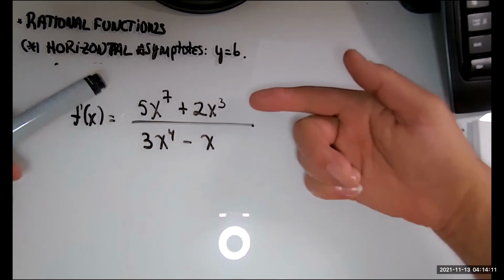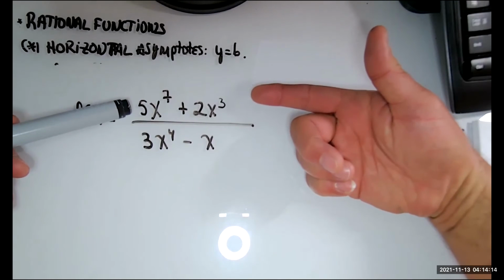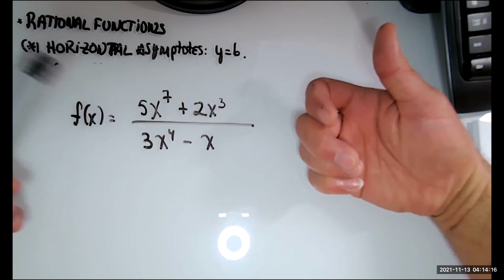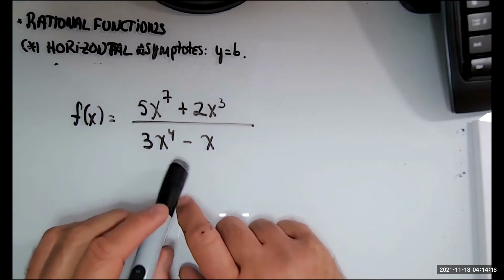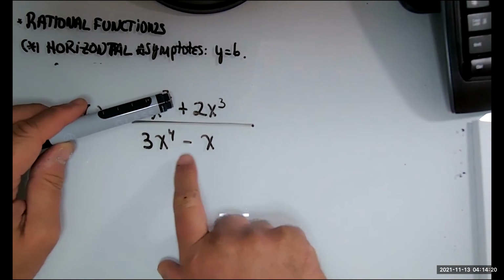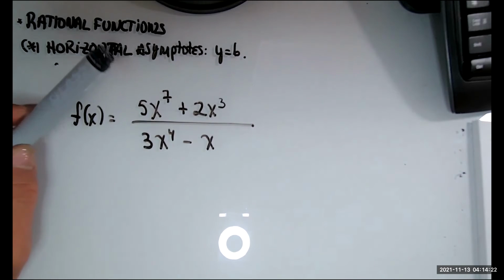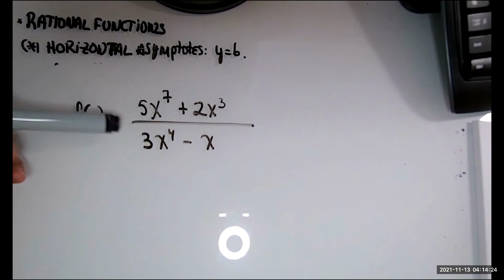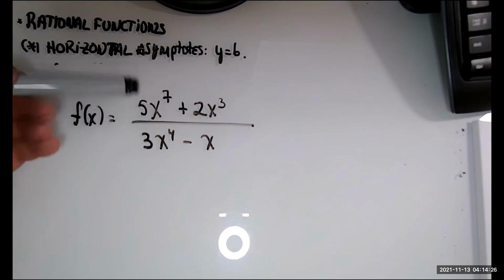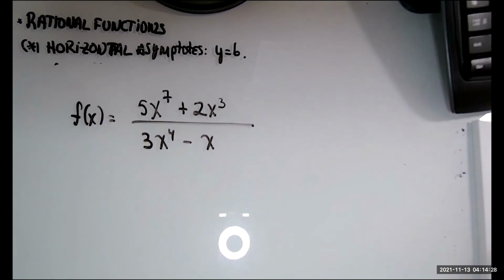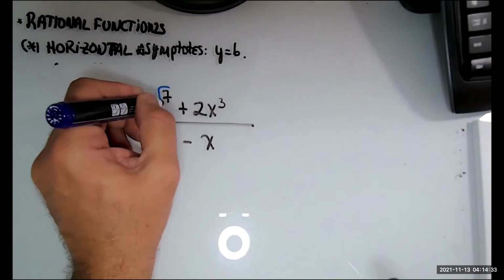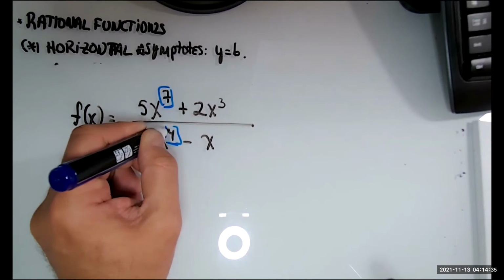Of course, the numerator is a polynomial, degree 7, lead coefficient 5. The denominator is a polynomial, degree 4, lead coefficient 3. Of course, f of x is a rational function because it's a quotient, a division of two polynomials. So degree 7, degree 4.